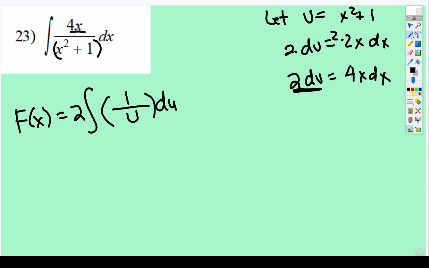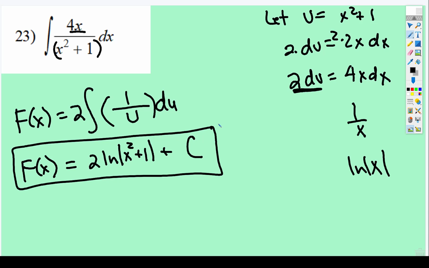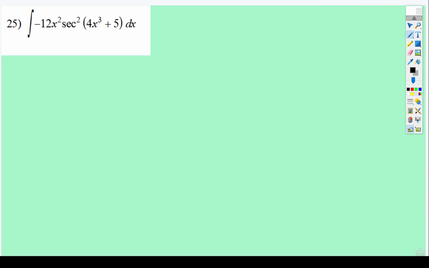And remember, what's the integral of 1 over x? It's ln of x. So f of x is 2 times the ln absolute value of u plus uppercase C, and inside the absolute value is x squared plus 1. You might have to look at that a few times, but you'll get it.